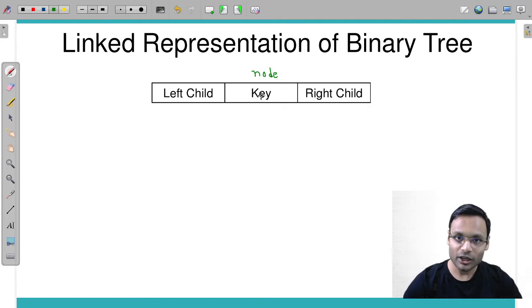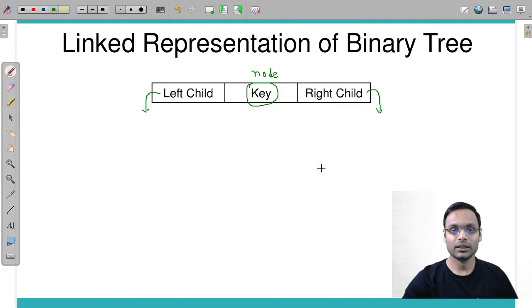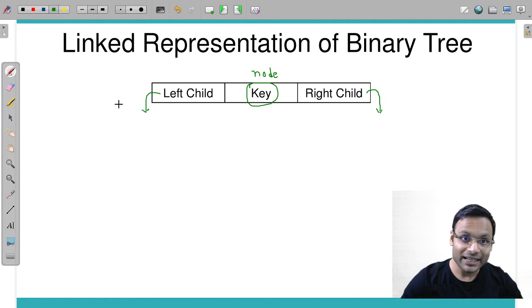One particular node will have three fields. One is the data value, which you call value or data or key. Then one pointer that holds the address of the left child, and another pointer which holds the address of the right child. If I want to create the structure of such a node, how do I write that?